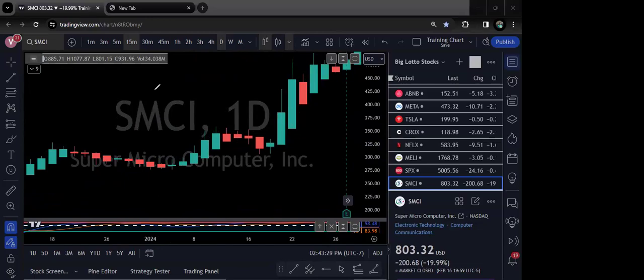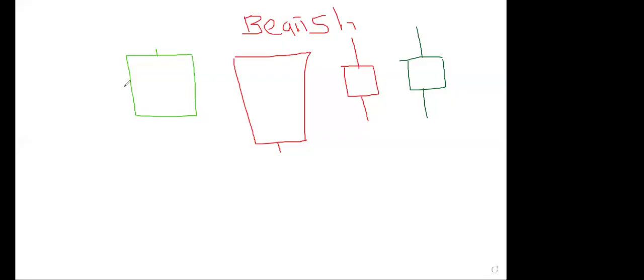So a green candle. This is the open, okay? This is the high, and it can have a tiny wick. So this is a strong bullish candle.